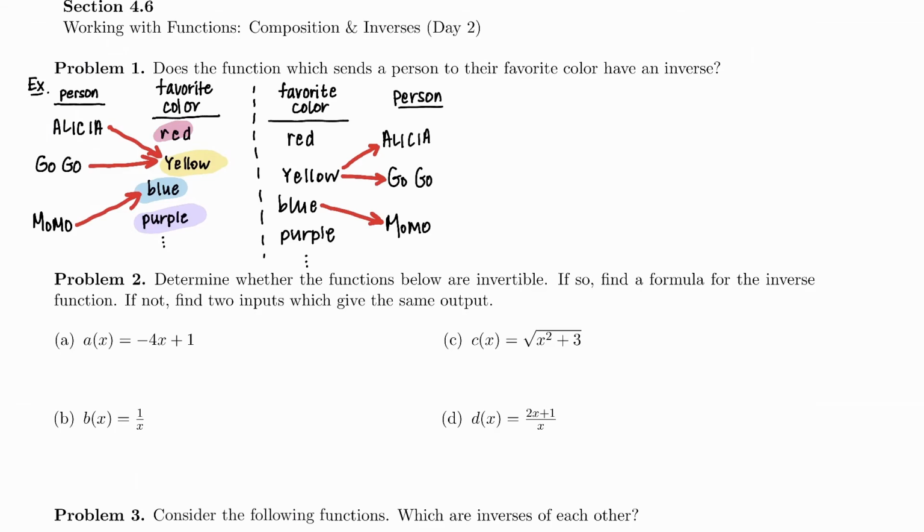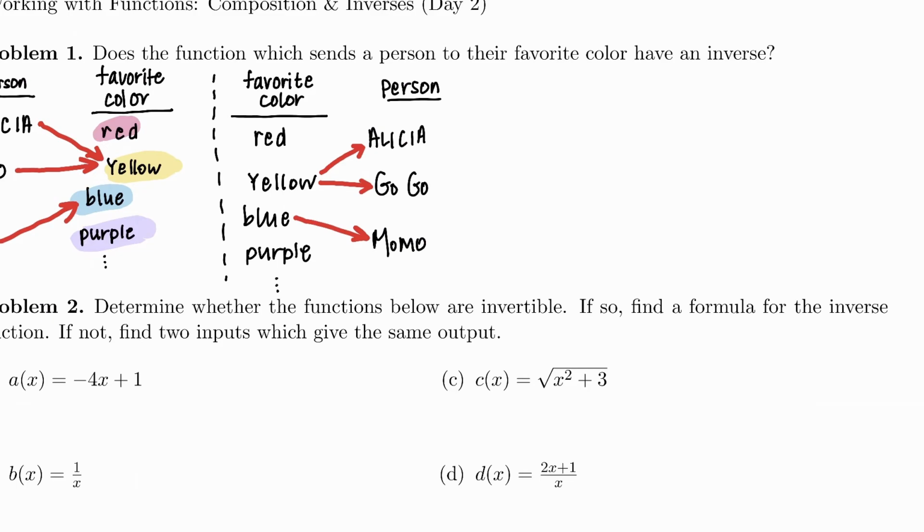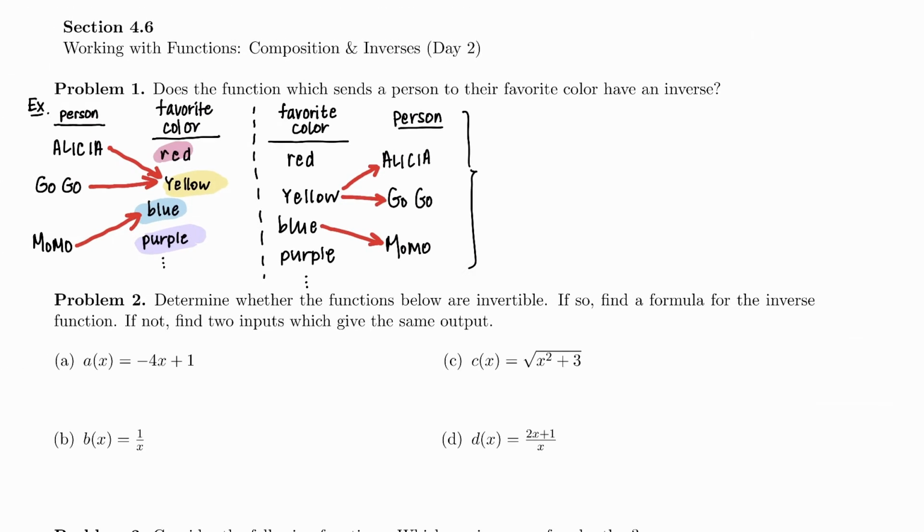So at this point, this might be too far in the past to remember, but there's something wrong with this. So yellow has two outputs.